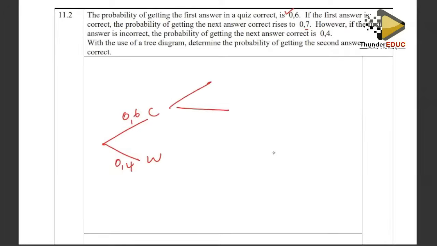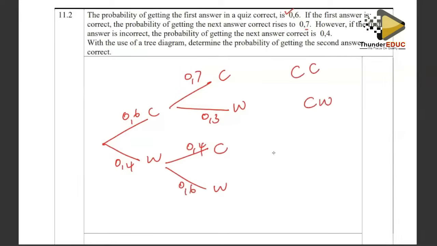If the first answer is correct, probability of getting the next answer correct is 0.7, and this is going to be 0.3. If the first answer is incorrect, probability of getting the next answer correct is 0.4, and this is going to be 0.6. So these are our outcomes, and that is the tree diagram.